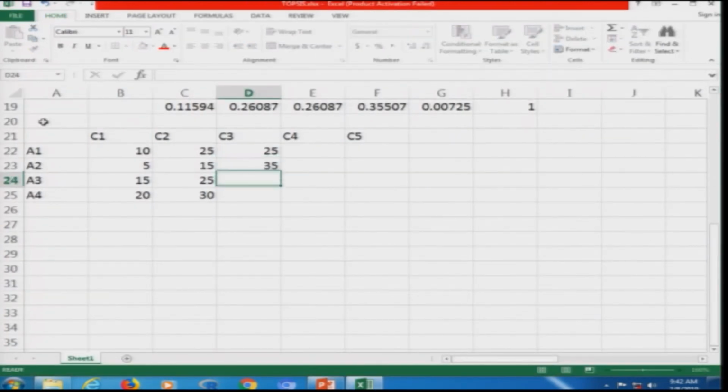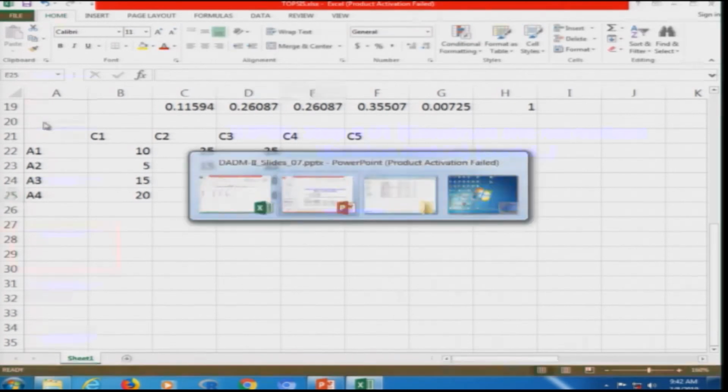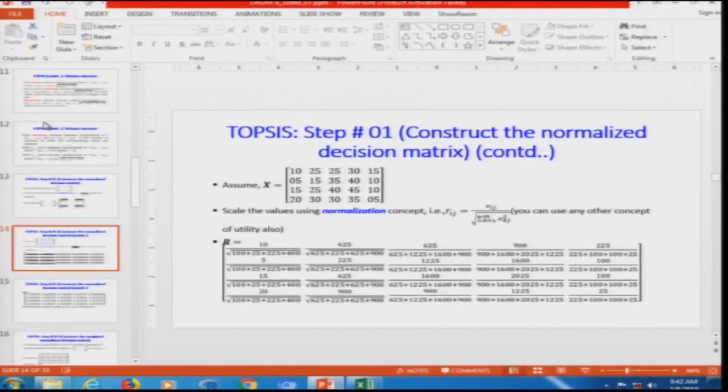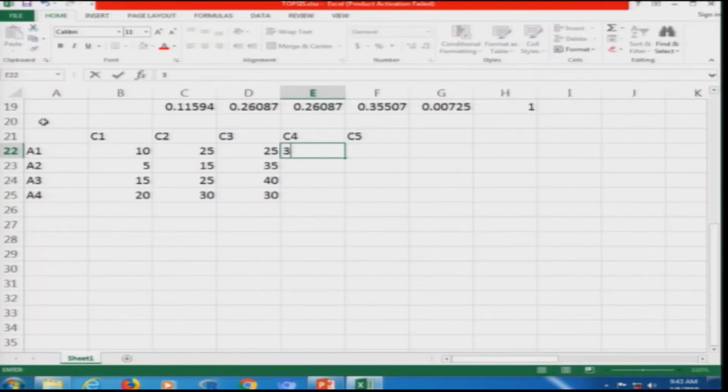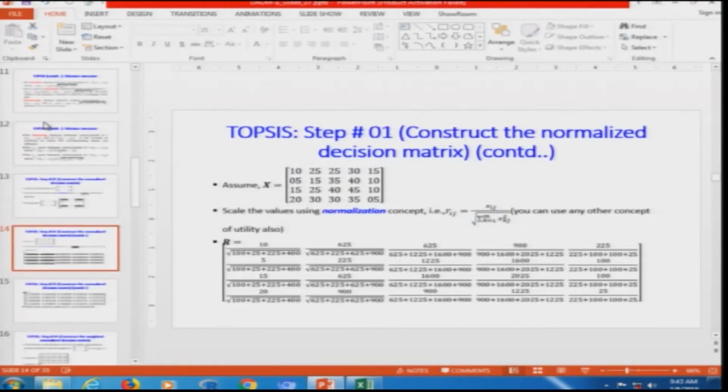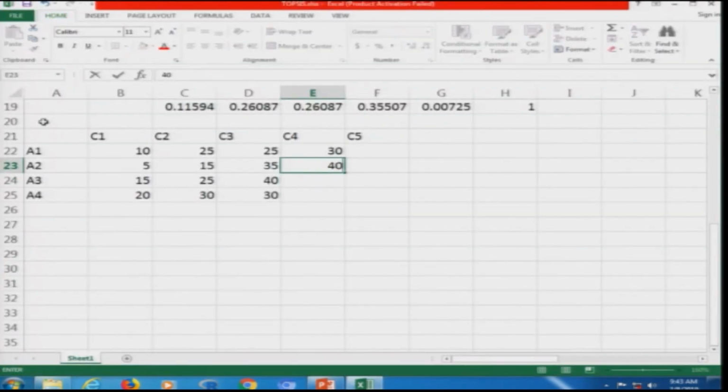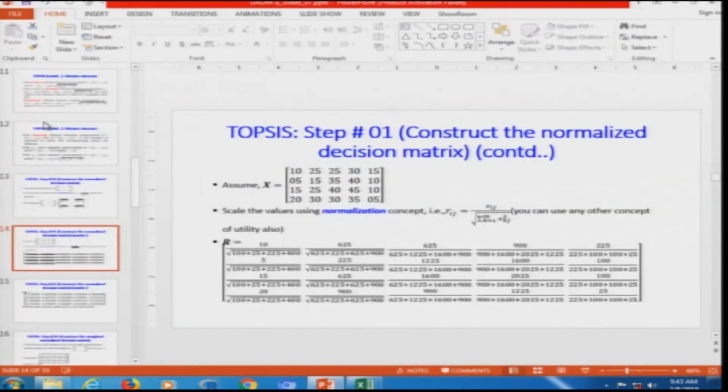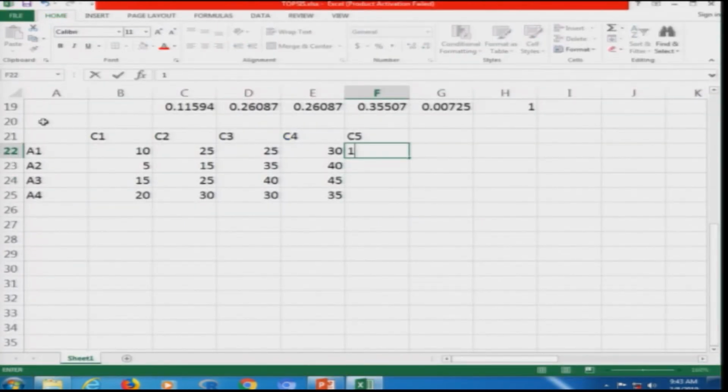For the fourth: 30, 30, 45, 35. For the last column: 15, 10, 10, 5.